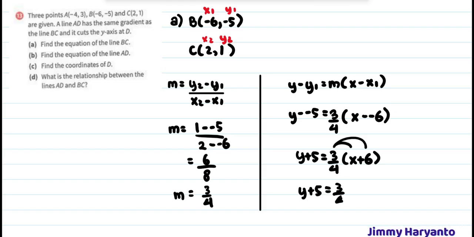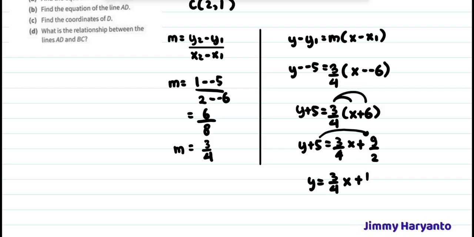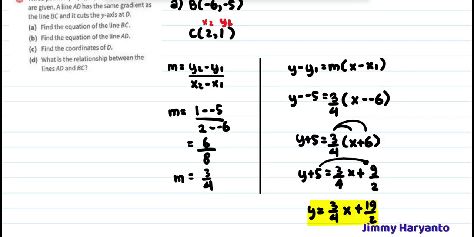So 3 over 4x plus 9 over 2. And then you move the 5, you have y equals 3 over 4x plus 19 over 2. Okay, this is the first answer. Oh, my bad guys, I made a mistake right here. So 9 over 2 minus 10 over 2 should be negative 1 over 2.